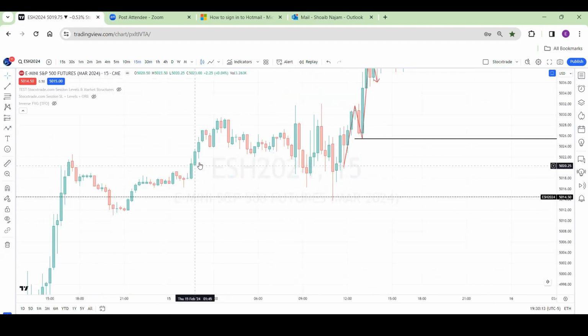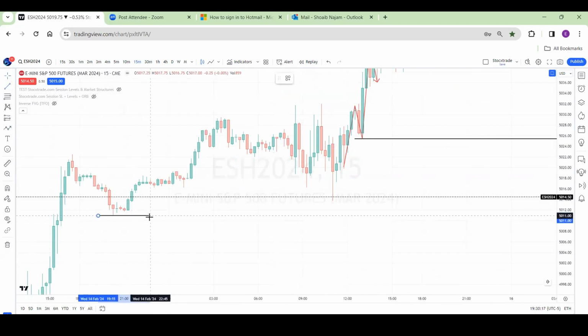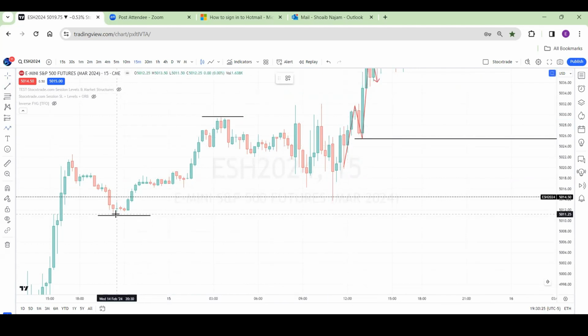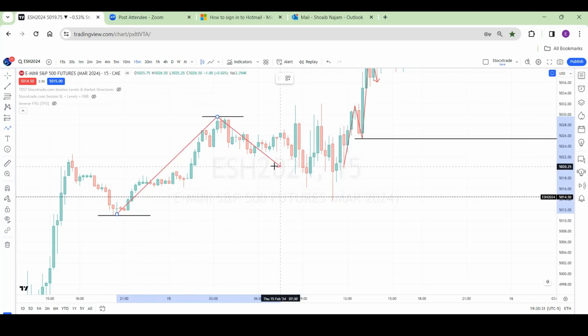So these are all the liquidity levels, because I told you, above and below the swing levels. What is the major swing? The market went up and came down, then went up and came down again, almost a double top, then it created another low.